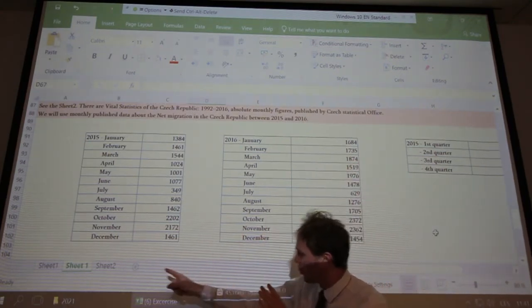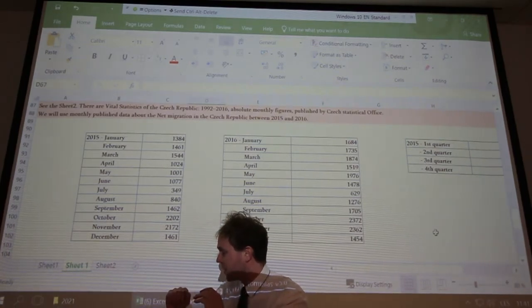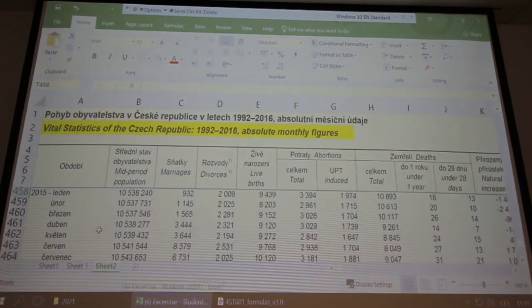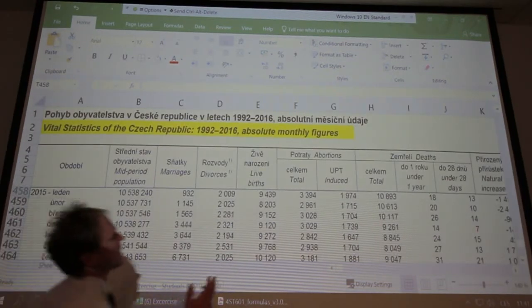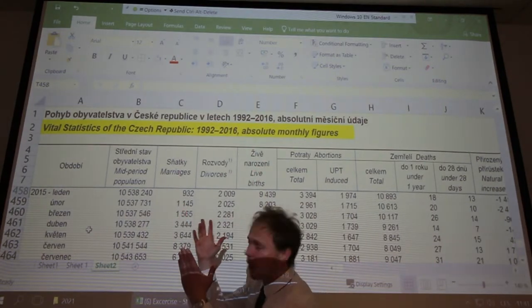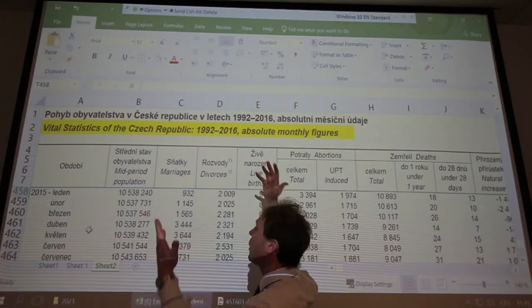So I will show to you this data set, yes, just for illustration. You can see this at home. You can see that this table is bilingual, yes, in Czech and English language.